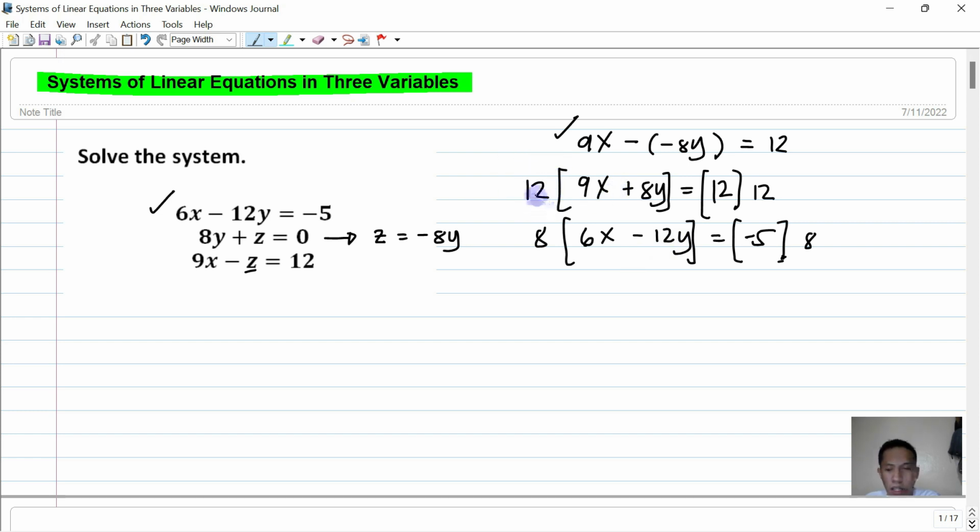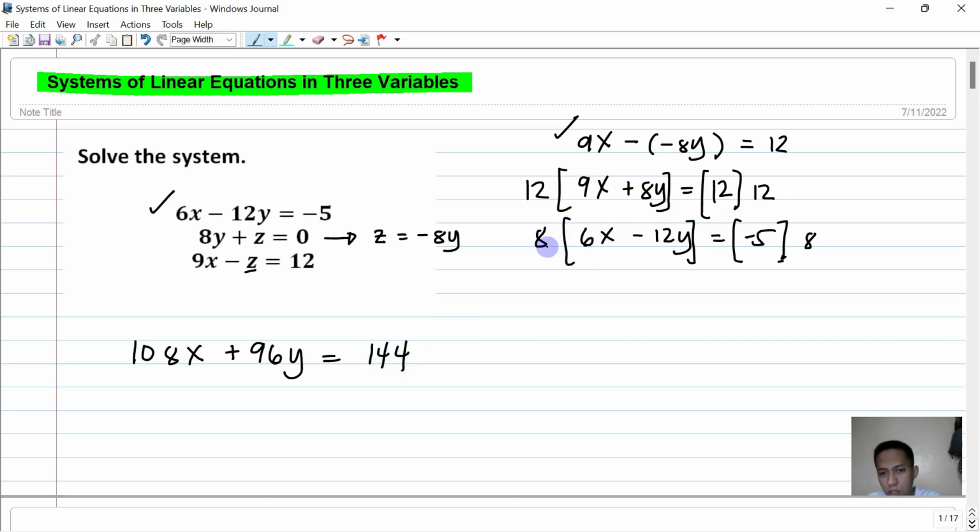So let's simplify. This becomes 12 times 9, that is 108x. And we have here 12 times 8, that is 96, so plus 96y equals 12 times 12, that is 144.